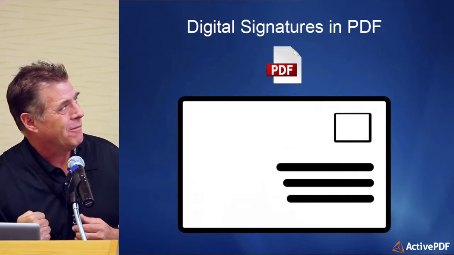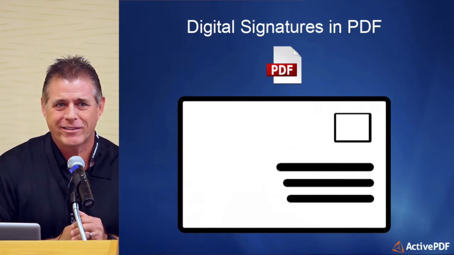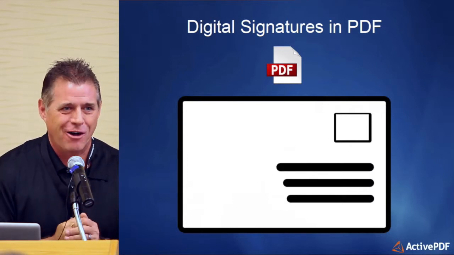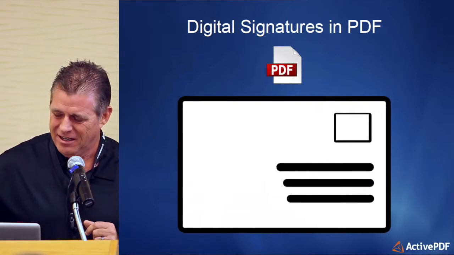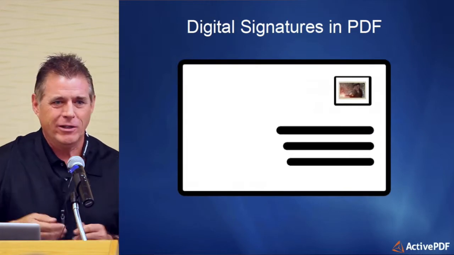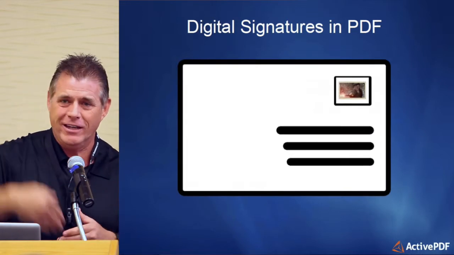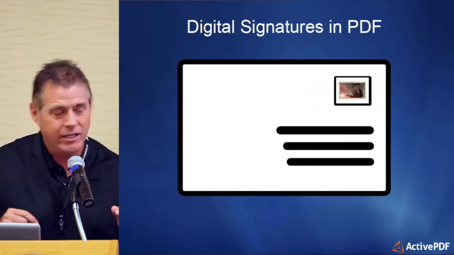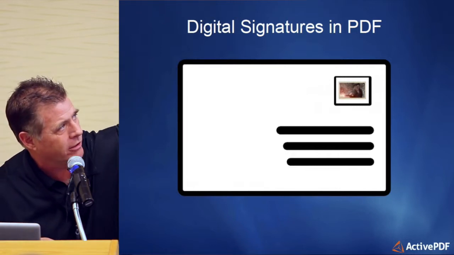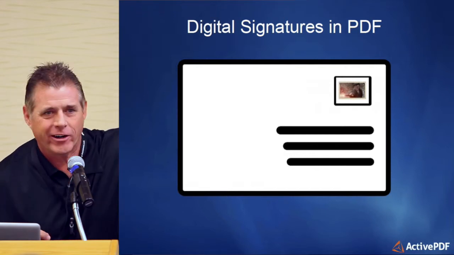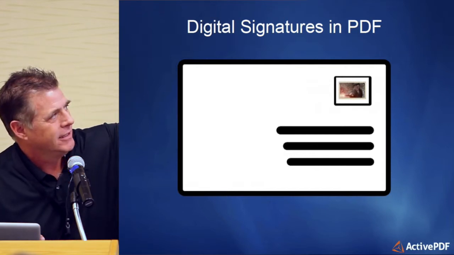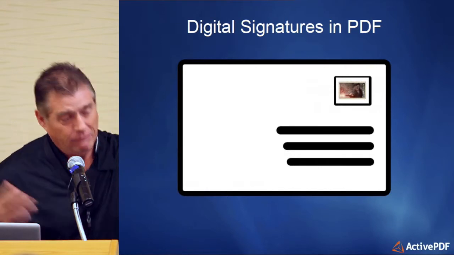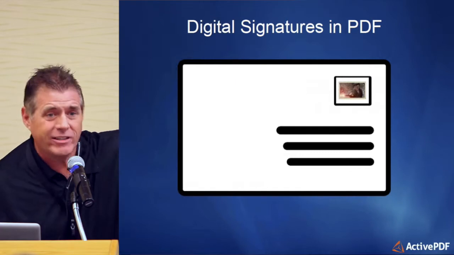So, a digital signature in a PDF. We think of a digital signature as an envelope wrapped around your digital envelope. When you put your PDF in the digital envelope, it does math, and it plugs it into this little hole that's where you put the postage stamp. So we put the stamp in there.